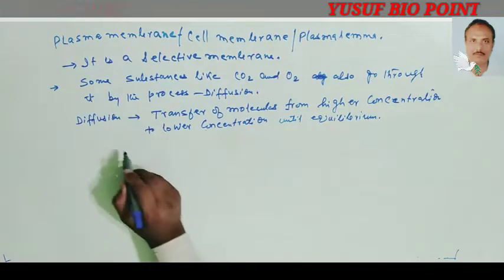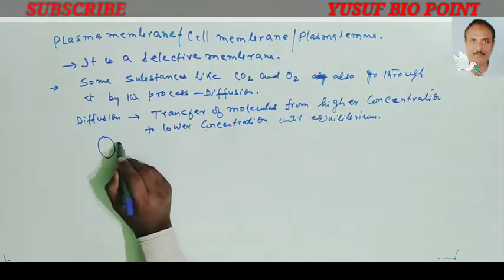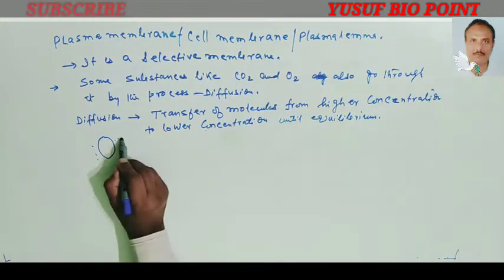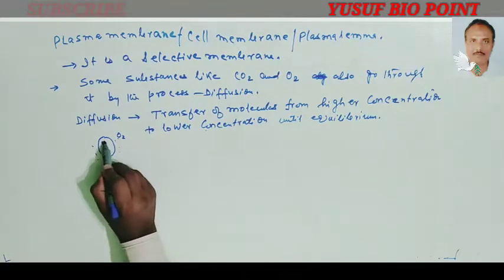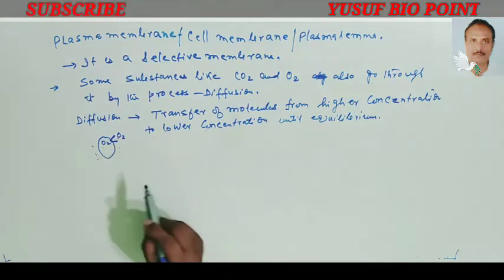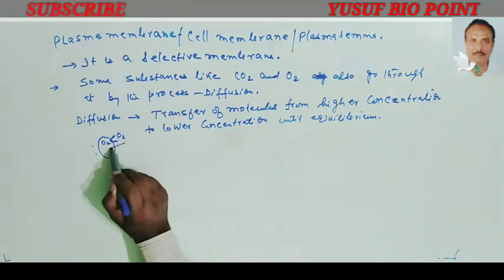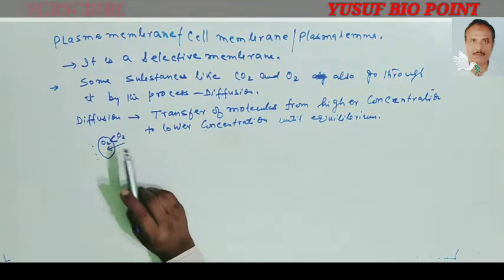Now, suppose that this is the cell, it is the external medium. If the concentration of oxygen is high outside, then oxygen will enter inside the cell, means from high concentration to low concentration.